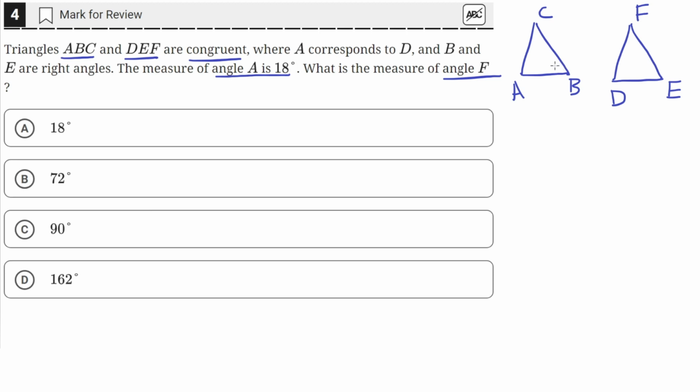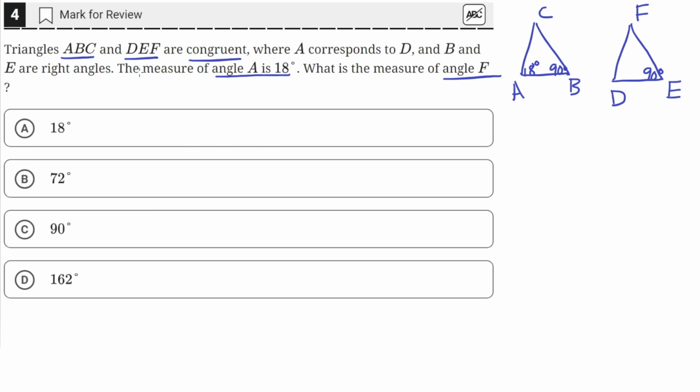So B is going to be 90 degrees, and E is also going to be 90 degrees. What is the measure of angle F? Okay. Oh, and it also tells us that angle A is 18 degrees.